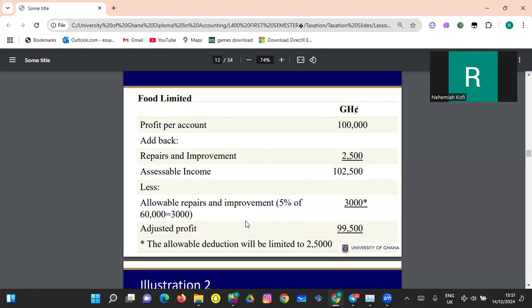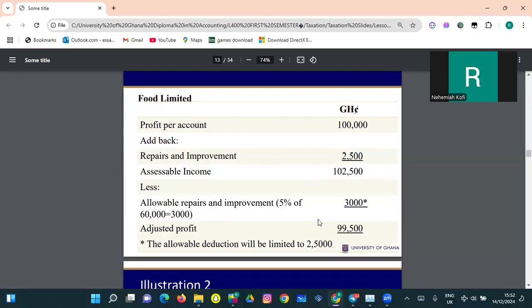99,500. So note that even though our allowable repairs is 3,000, our repairs and improvement was 2,500, so we will not be allowed to have the 3,000 as repairs and improvement. The one that was actually incurred is what we are going to use, right?